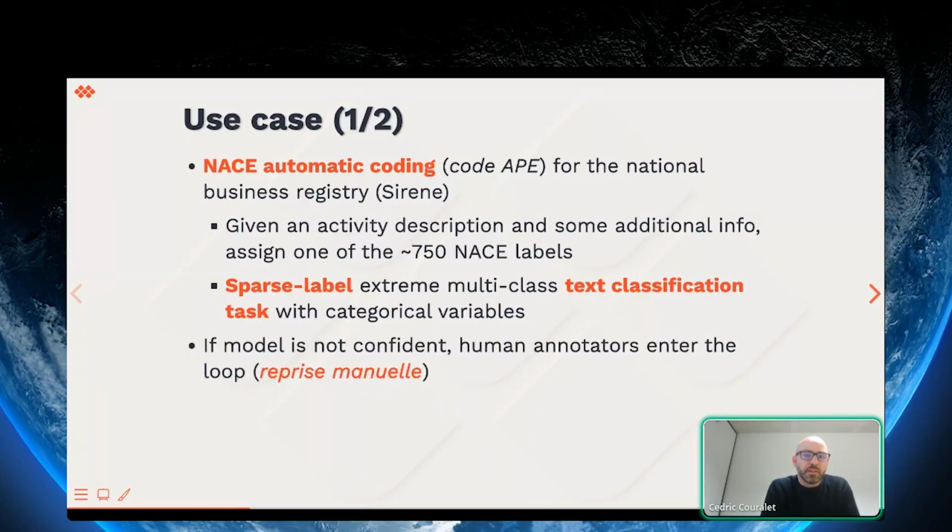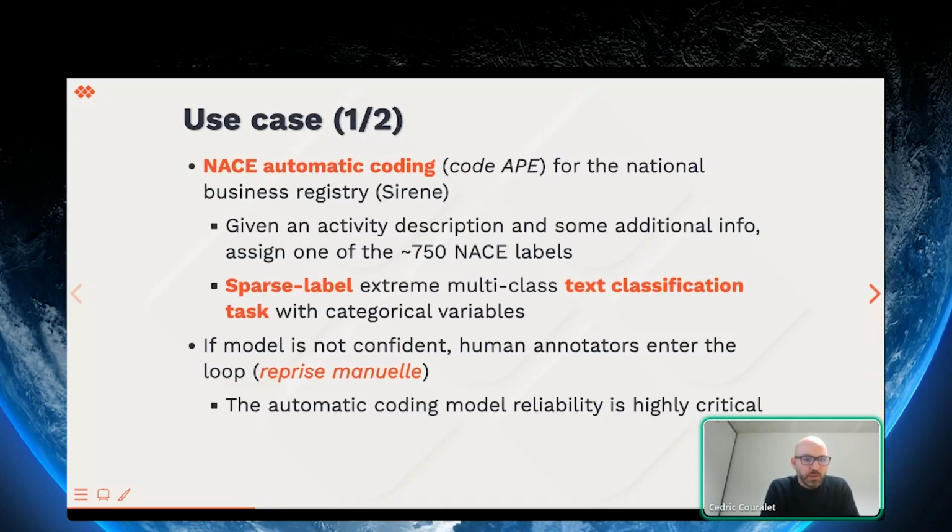The goal is, given an activity description and some additional information on a business, we have to assign one of more than 700 NACE labels. So the task is a sparse label extreme multi-class text classification with additional variables, and we are dealing with hundreds of possible classes.